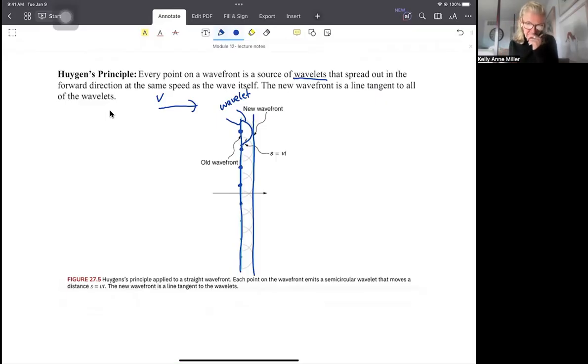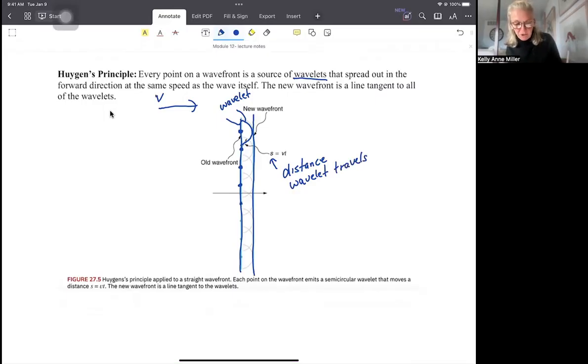Okay, so it's a way of describing how a wavefront moves through space. And the reason that it's useful is because it helps us understand things like diffraction and refraction, which I'll show you in a second. So this S is basically the distance that the wavelet travels in some period of time, right?